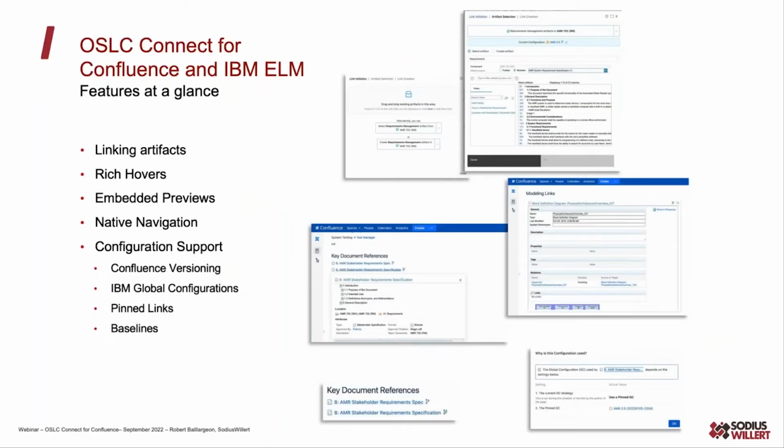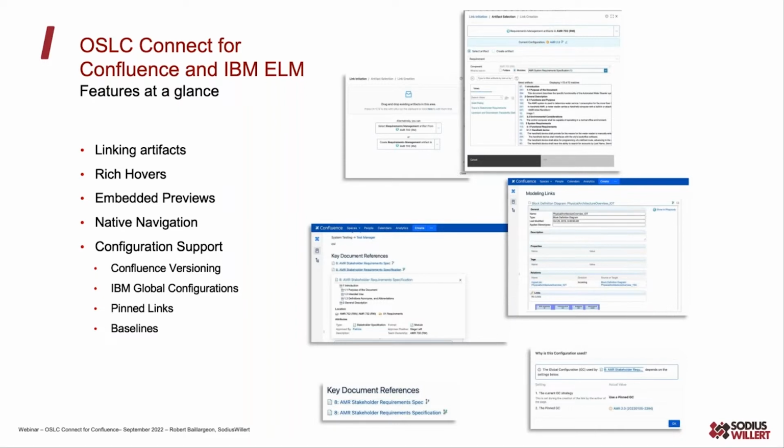When we talk about OSLC, what we're talking about is linking artifacts. And so you'll see this capability. These are some screenshots, and we'll be going live through those demos. But you'll be able to preview content within Confluence from your engineering enterprise and be able to have more accessibility to that. And that's really the point that we want to make visible to you, as well as we're trying to introduce the Atlassian experience while we're doing that.